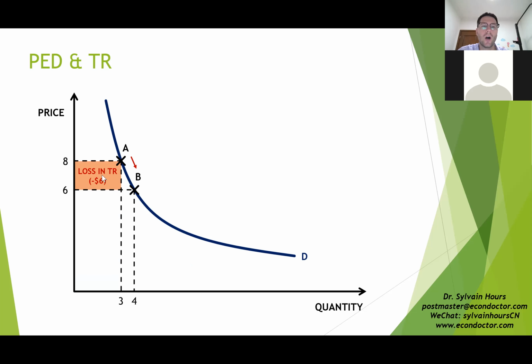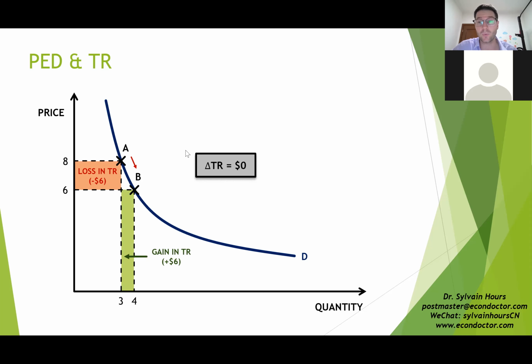You lose $2 on the first, second, and third unit of output. You used to sell them at $8. Now you only sell them at $6. But on the other hand, the price is lower, so you can sell a fourth unit. So you gain $6. And you see here that what you lose is exactly equal to what you gain. And therefore, that's why your total revenue remains unchanged.